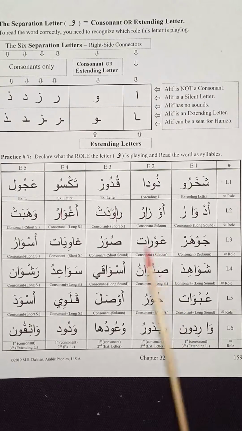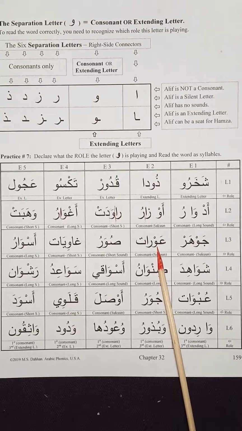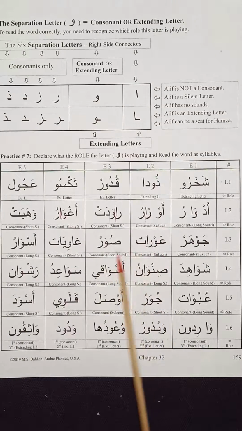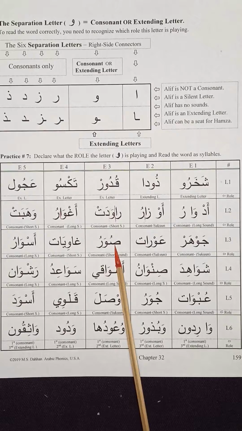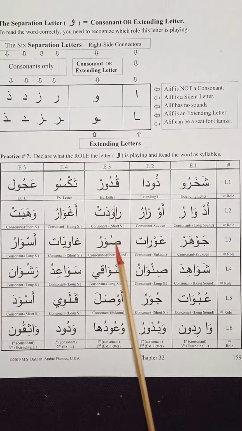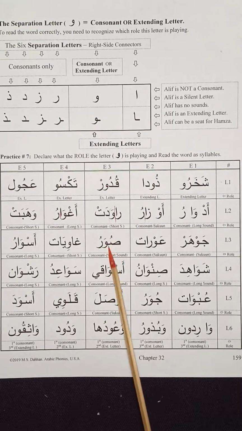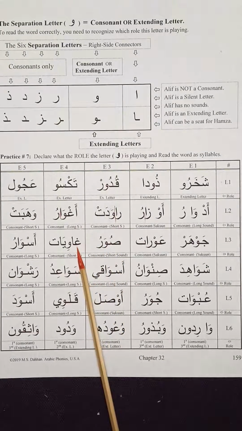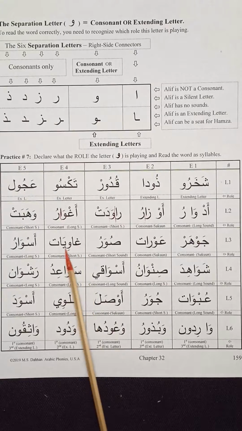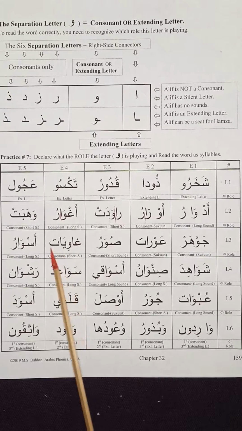Next one. Aw, rat. So here it's a consonant also because we have a sukoon. Here, suwaru, 3 syllables. Suwaru, it's a consonant and it's a short sound here. Wa. Here, we, yat.